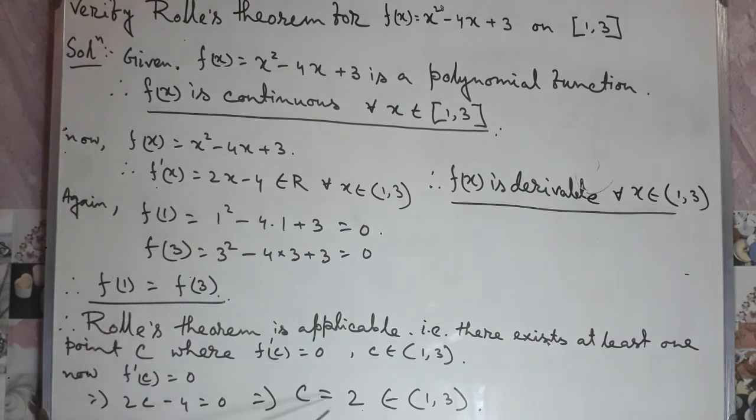That means c is equal to 2. Where does this 2 lie? 2 lies in the open interval 1 comma 3. So Rolle's theorem is verified. That means we got a value 2 in the open interval 1 comma 3 where the first order derivative is equal to 0.